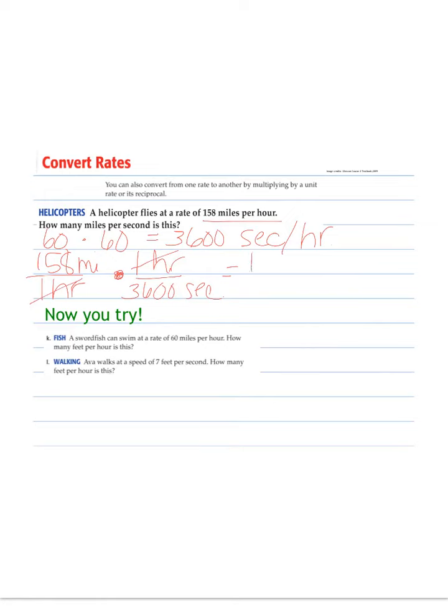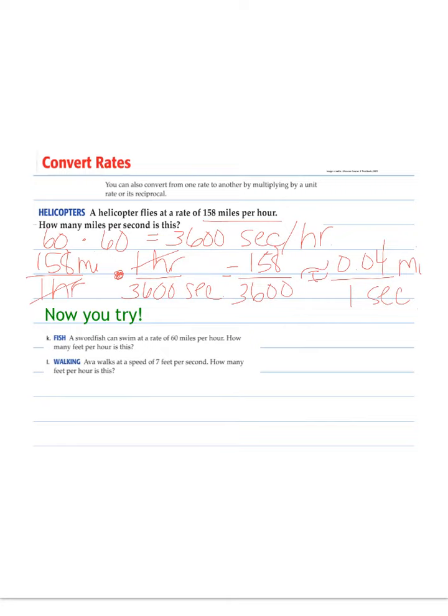So then I end up with 158 over 3,600, and 158 divided by 3,600 is approximately 0.044 miles per second. And that makes sense because we're going 158 miles per hour. So we're breaking it down into how far we're going per second. So it makes sense that it should be a really small number.